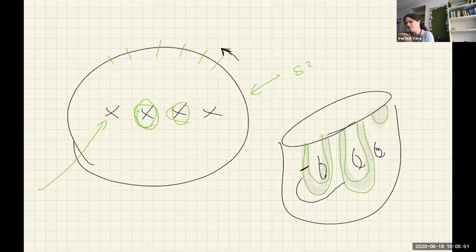And then once you are done with that, you're going to be able to fill in this S2 to be a D3 inside your Lefschetz fibration. That I understand too.